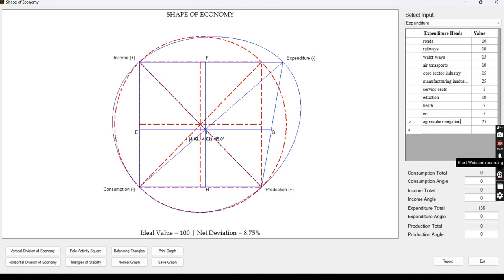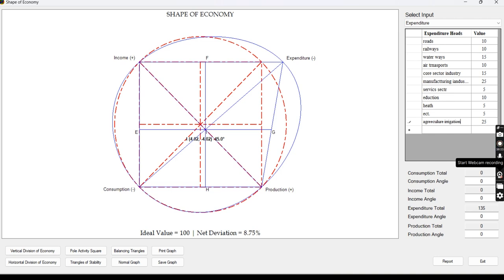I need not explain the importance of each of these heads of expenditure. You have to appreciate yourself that without any one of these, the production activities in total cannot have any significance. Here I have chosen the default value of 135. You have to always add 100.